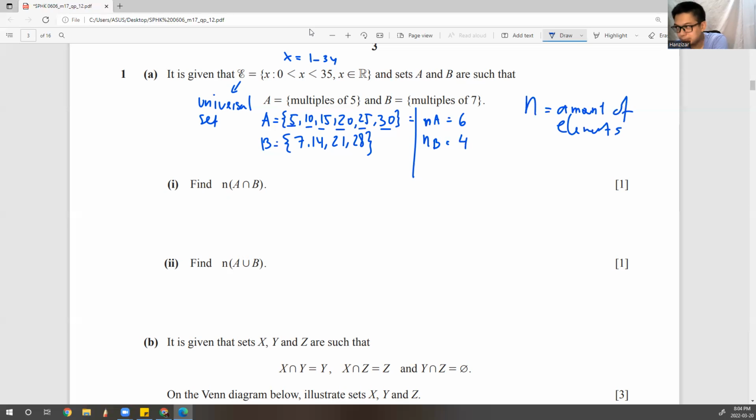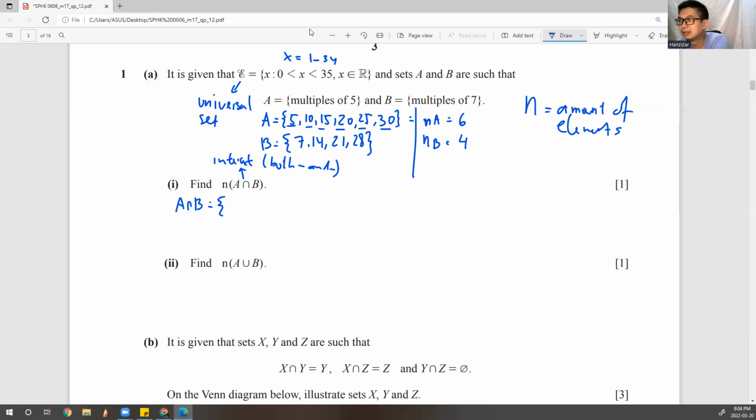Okay. Now find A intersect B. So what is this intersection? Intersect means you find both, so both A and B. What are the elements in both A and B? Pick the same number. Are there any same numbers here?